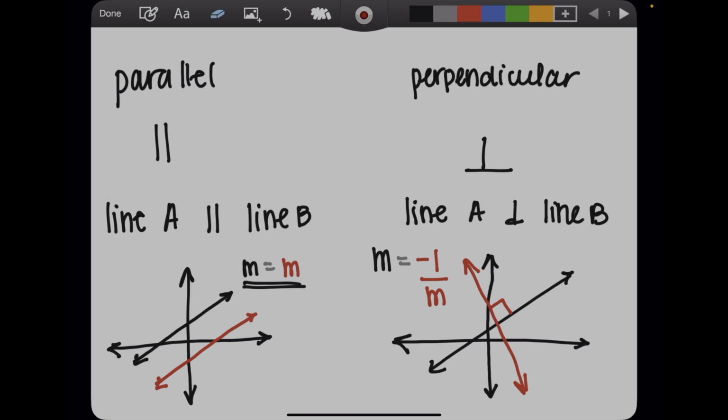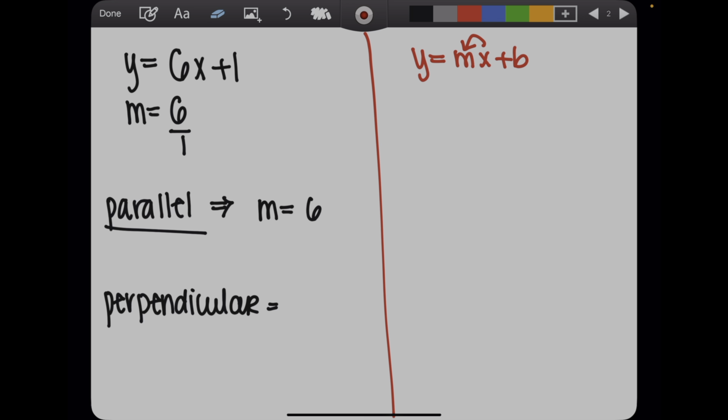Like we said, it must be the negative reciprocal. So what we have to do is flip the fraction, that's the reciprocal. So we would have 1 over 6 instead of 6 over 1. And then it has to be the opposite of that slope. So 6 over 1 is positive, and the perpendicular line must have a negative slope.